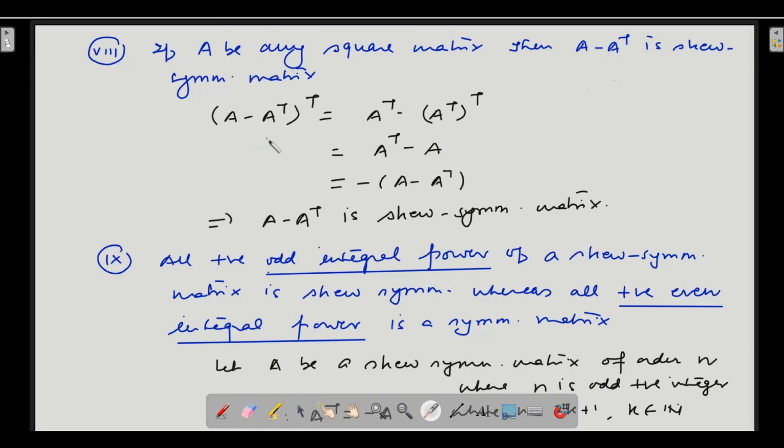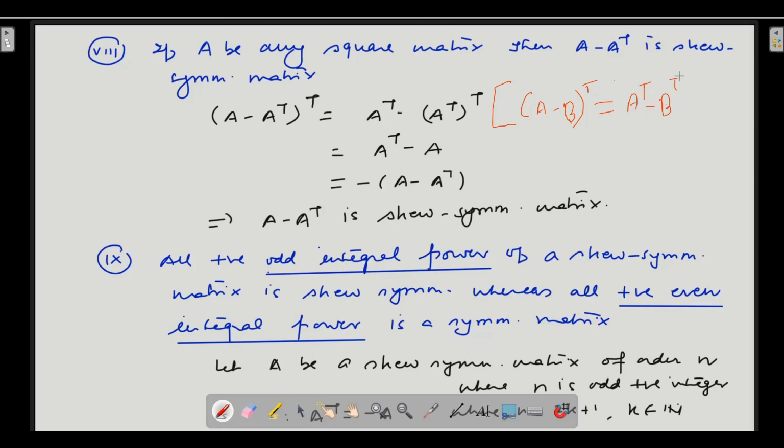Let us prove this particular fact. Let us take the complete transpose of A minus A transpose. The property says that the transpose of A minus B is equal to A transpose minus B transpose.